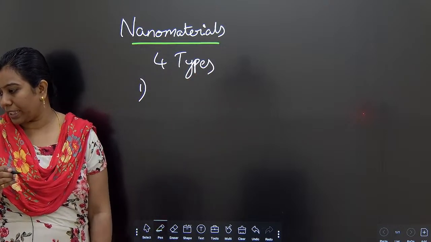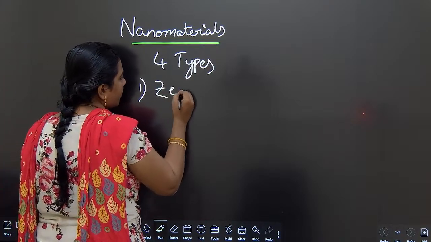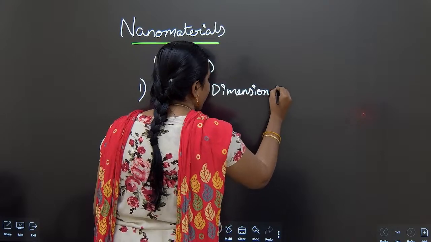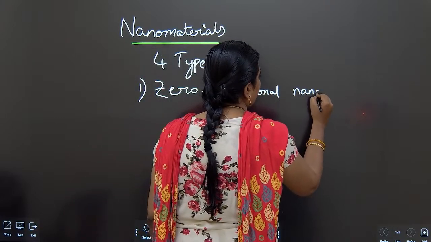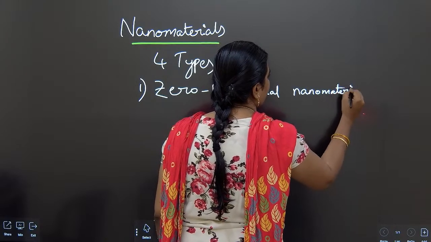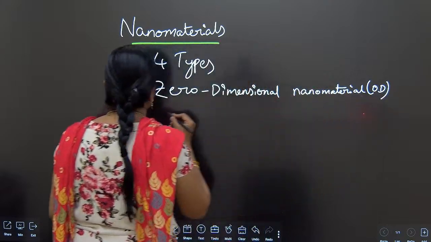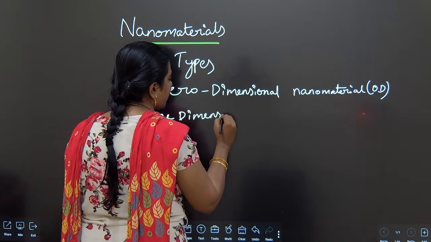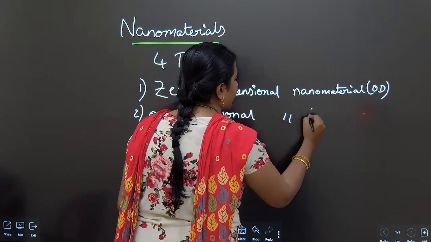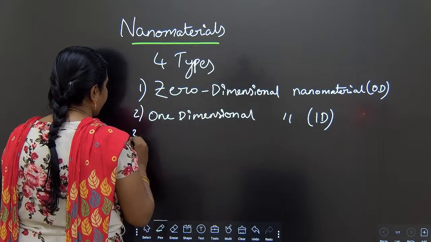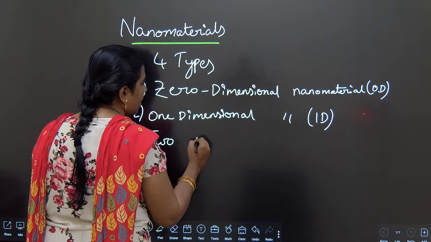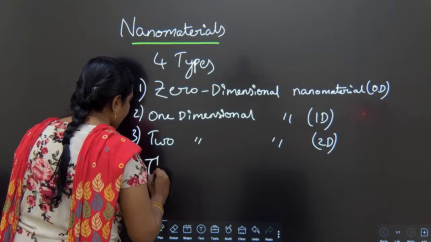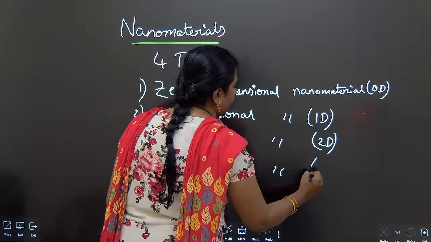Zero dimensional nanomaterial, 0D, one dimensional nanomaterial, 1D, two dimensional nanomaterial, 2D, and the fourth one is three dimensional nanomaterial, 3D.